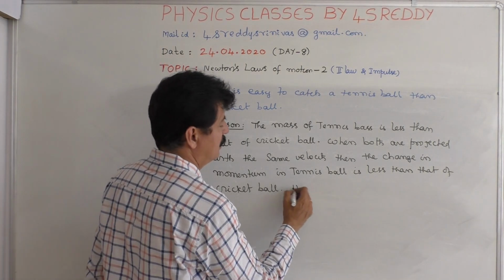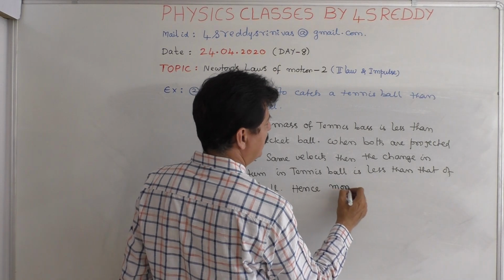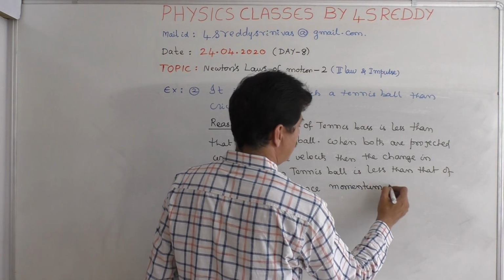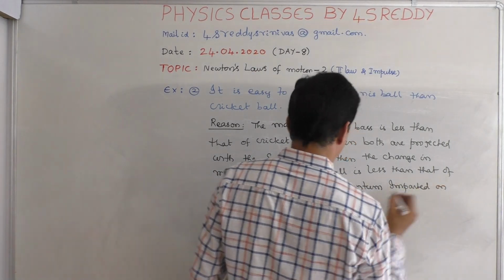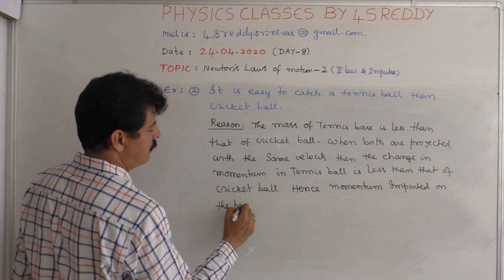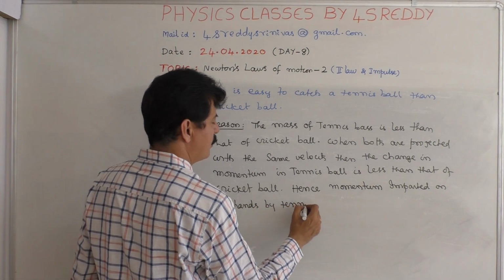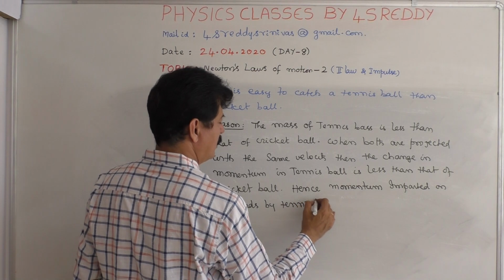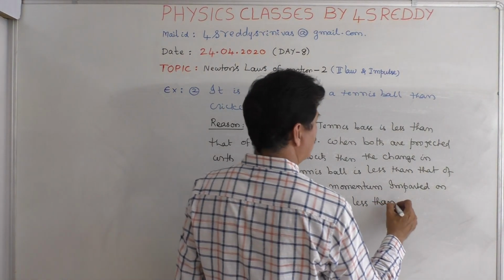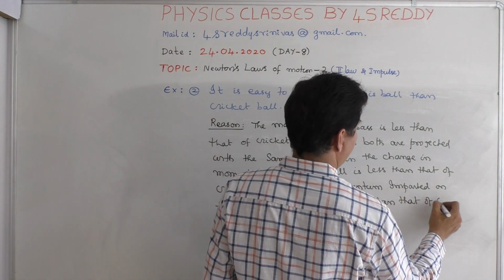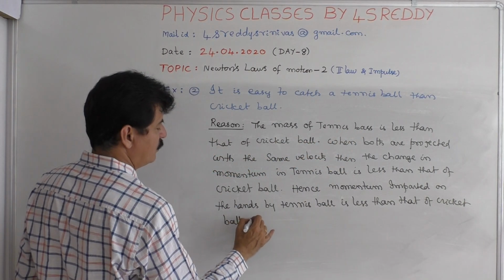Hence, the momentum imparted on the hands by the tennis ball is less than that of the cricket ball while catching.